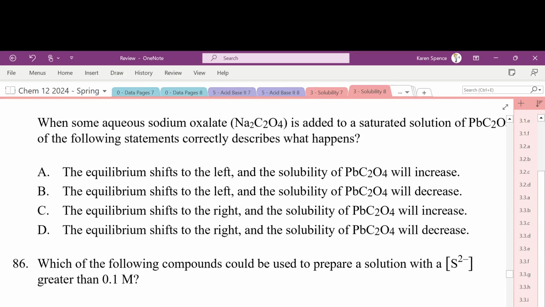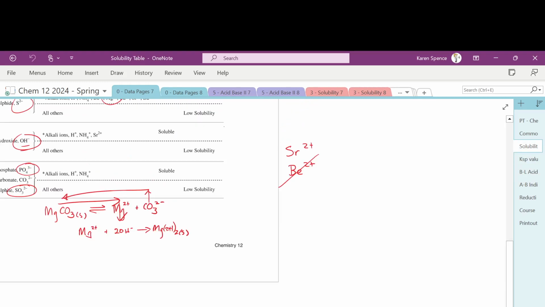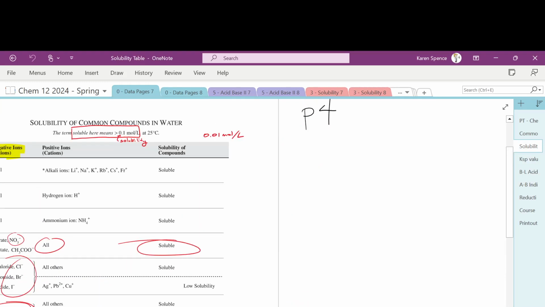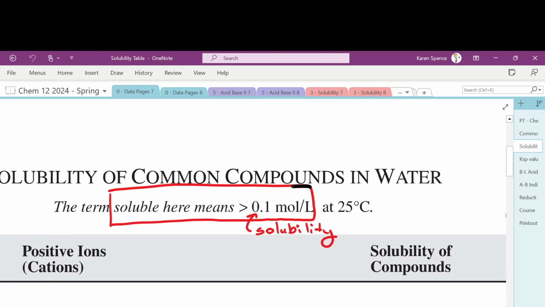So which could be used to prepare a solution of S2 minus with a concentration greater than 0.1 molar. Now that 0.1 molar is special because it is the number here. So if it's soluble, you can prepare 0.1 molar.